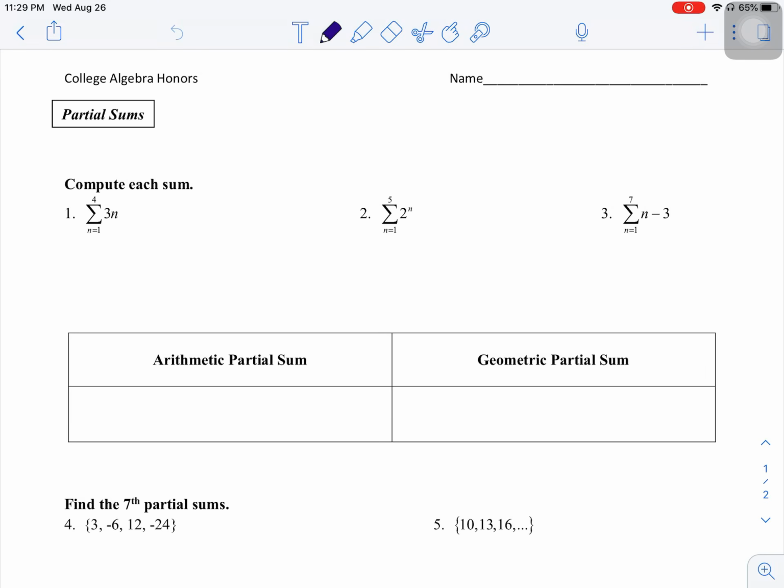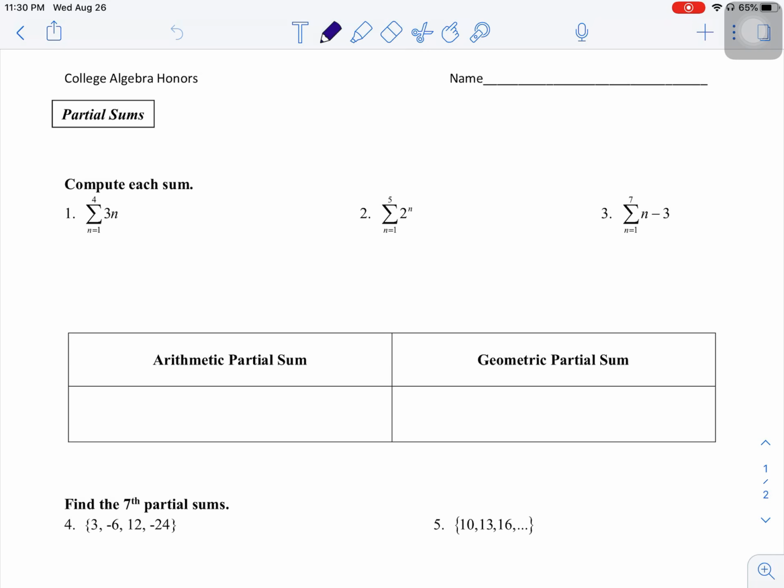So this video is going to talk about partial sums for sequences. The reason it's called a partial sum is because when we're dealing with a sequence, you have an infinite number of terms, and while some very specific sequences have a complete sum, literally if you add up every number in the sequence, which is weird when you're talking about an infinite value, but the sequence actually does equal something when you add up all the digits.